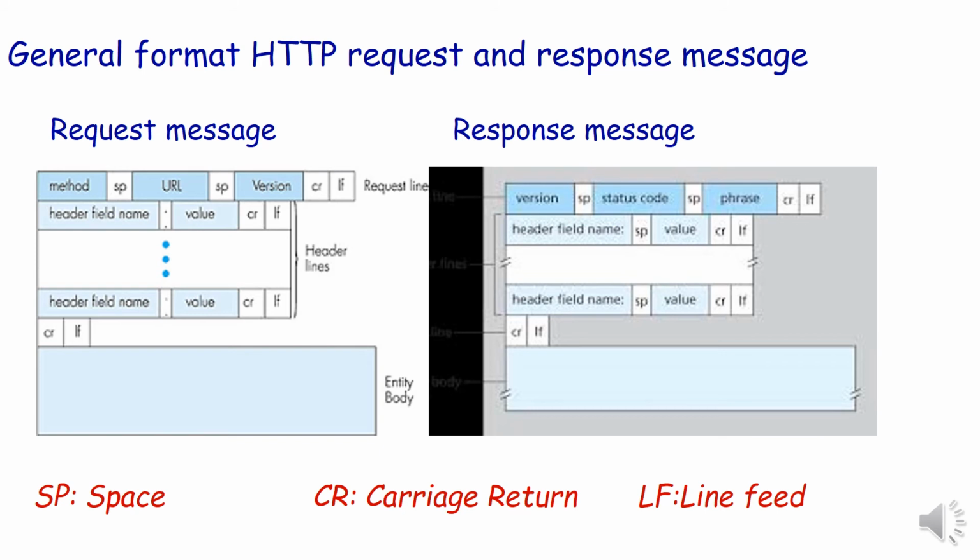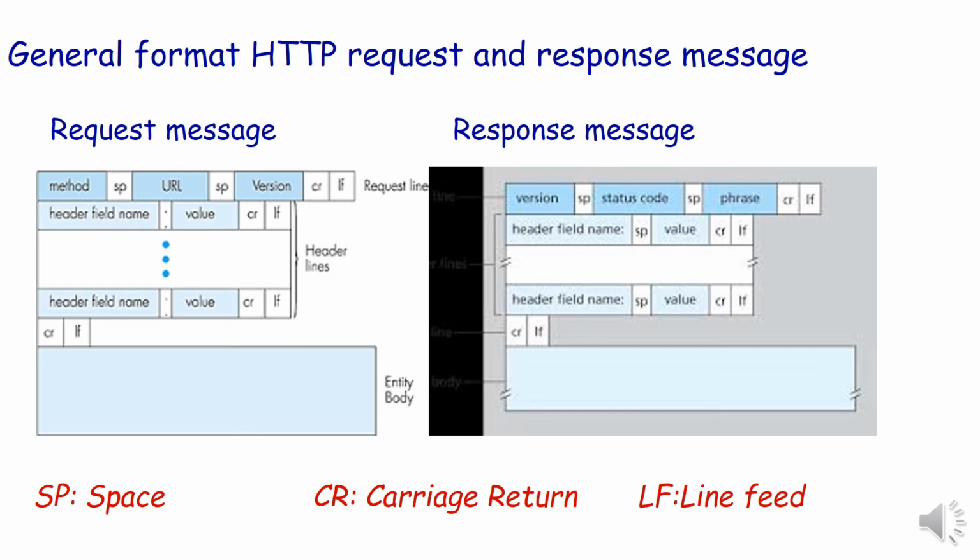In the response message also there is a pattern: the version number, then the status code. Status code means, suppose when I request a particular page and that page is not available on the server, then it will generate a 404 error. You might have seen that page, 404, file not found, page not found. So 404 is an example of a status code.